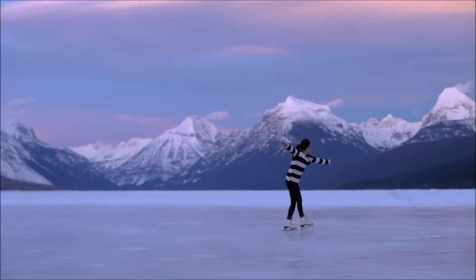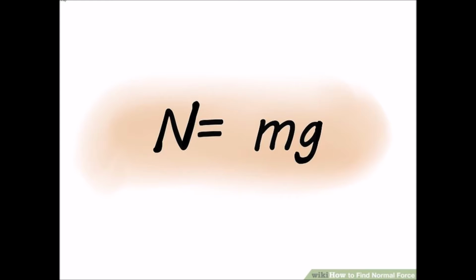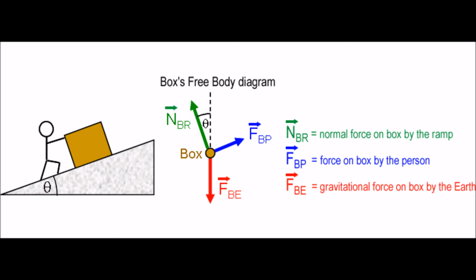When calculating an object's normal force, when the object is at rest or not accelerating up or down, use the formula N equals m times g, m being the mass of the object and g being the gravitational field.